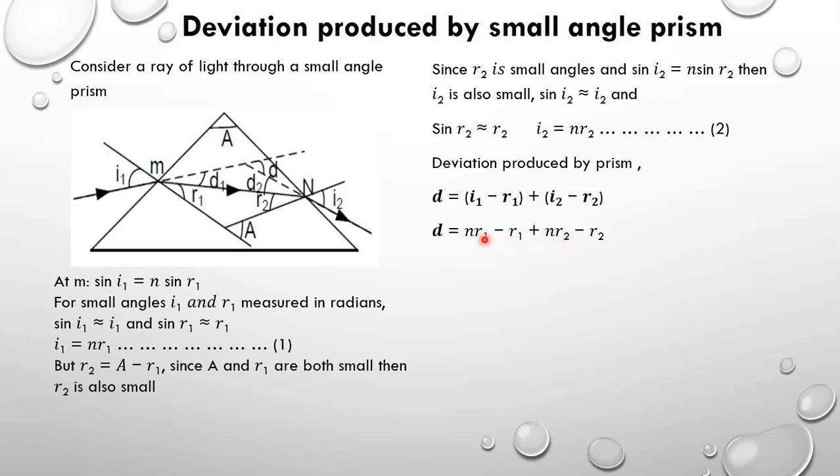So at the end of the day, we shall get our D as N minus 1 into brackets R1 plus R2. Then we know that R1 plus R2 is equal to A, and so D is going to be N minus 1 times A. And that is going to be the deviation produced by small angle prisms.